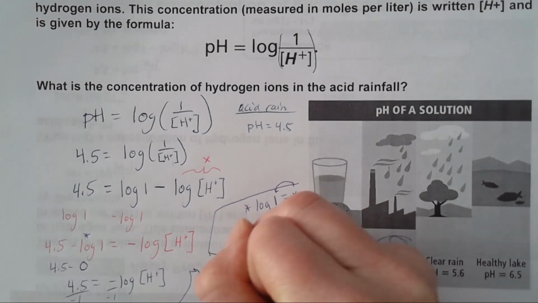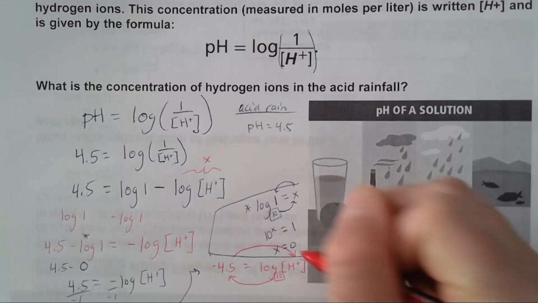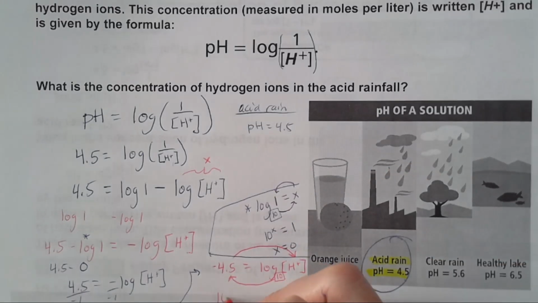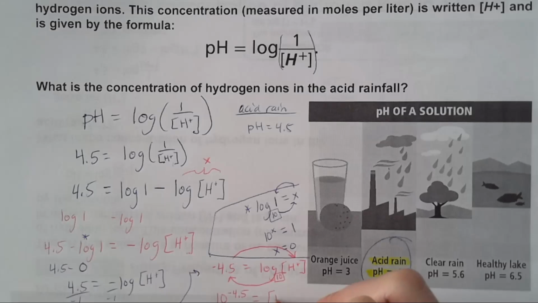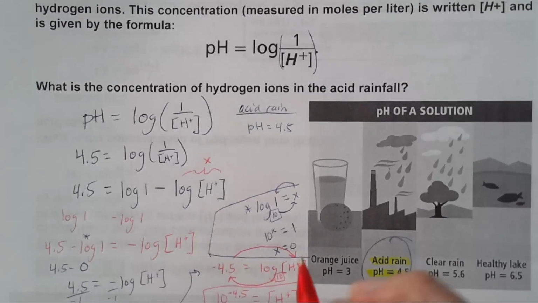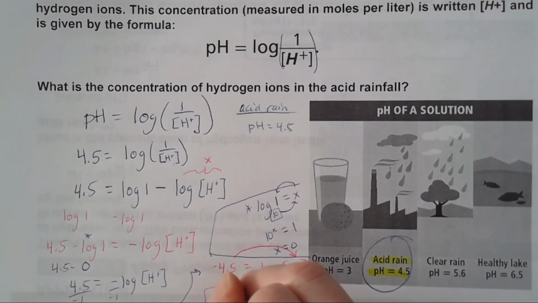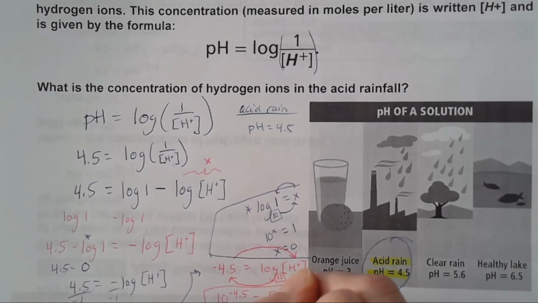We got 10 raised to the negative 4.5 is going to equal our h plus. And that is how many hydrogen ions, and this would be in moles per liter.